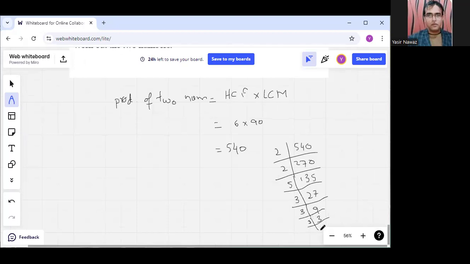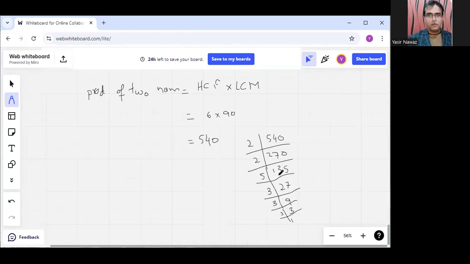The numbers should be greater than 6, so 6 itself can't be possible. If I multiply these three, what will I get? 27 times 10 times 2 is 540.